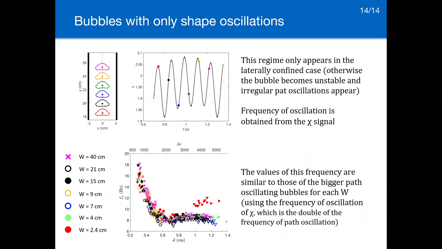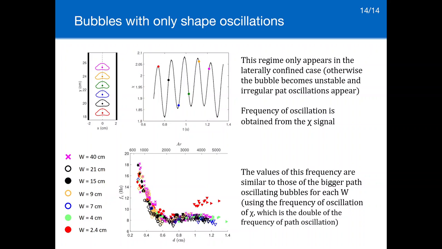Finally, I would like to say something about the bubbles that have only shape oscillations, and this regime appears only in the presence of lateral confinement. If there is no lateral confinement, the bubbles of this size don't have a stable rise regime.